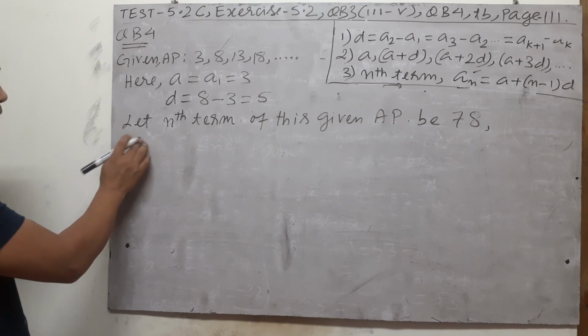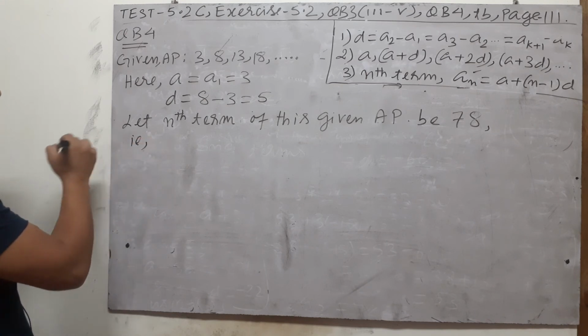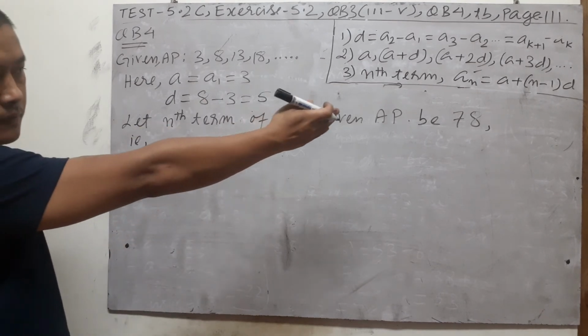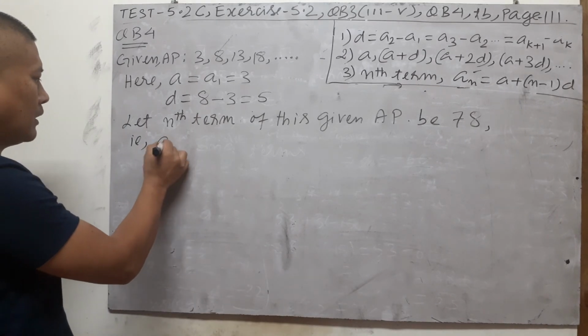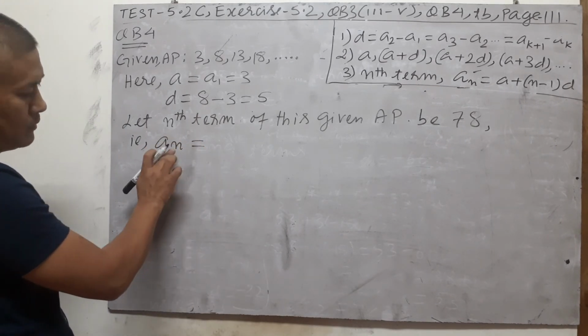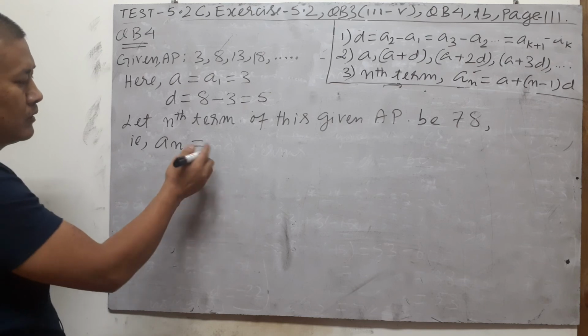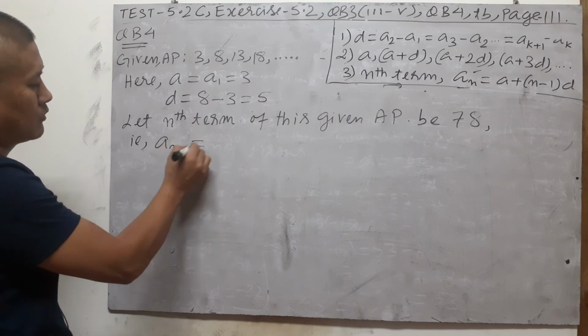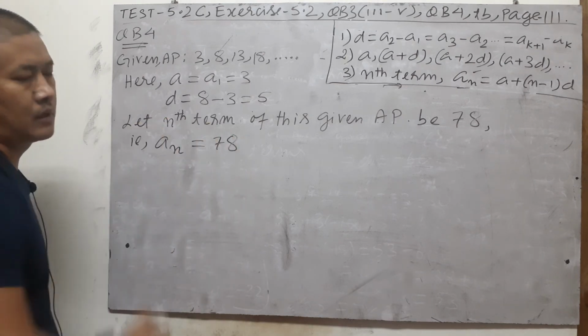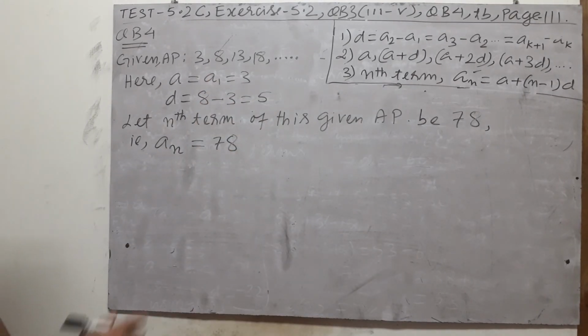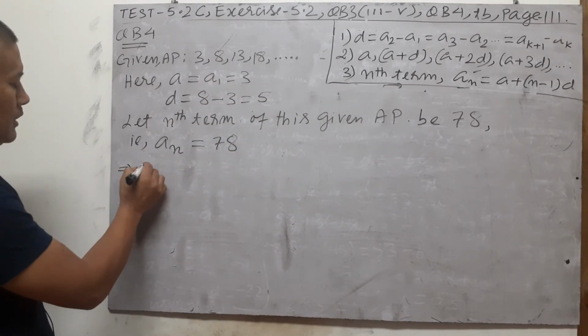So that is, nth term has value 78 means AN, be it 50, 55, we don't know, AN should be having value 78. That's the condition of the question. So we can now apply this formula.